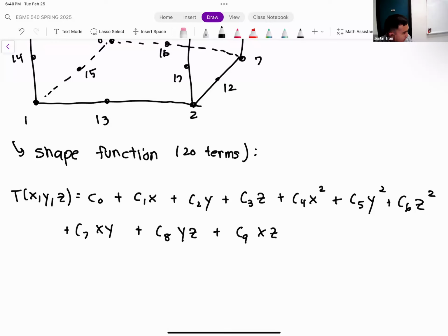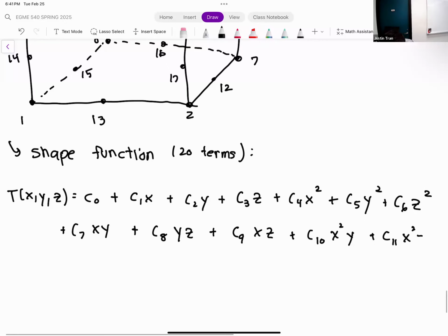All right. Next, we have what I call the pseudo-quadratic terms. These are terms that have one variable that's quadratic, but it's multiplied by another variable in the system. So plus C10 x squared y. You can see that this term is quadratic in x, and we multiply it by y. So technically this is a cubic term, but it's pseudo quadratic because we only have up to x squared.